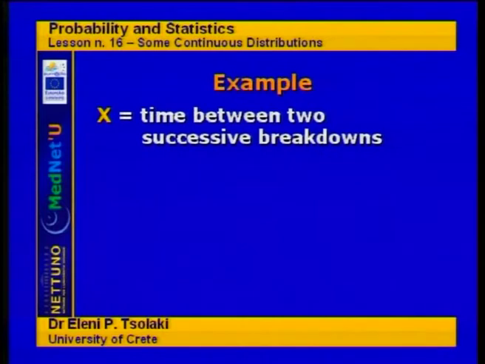The random variable will be the time between two successive breakdowns, whereas the random variable for the number of breakdowns is a Poisson. Here x is an exponential, the time is an exponential. For the exponential distribution, lambda is 24 per year.